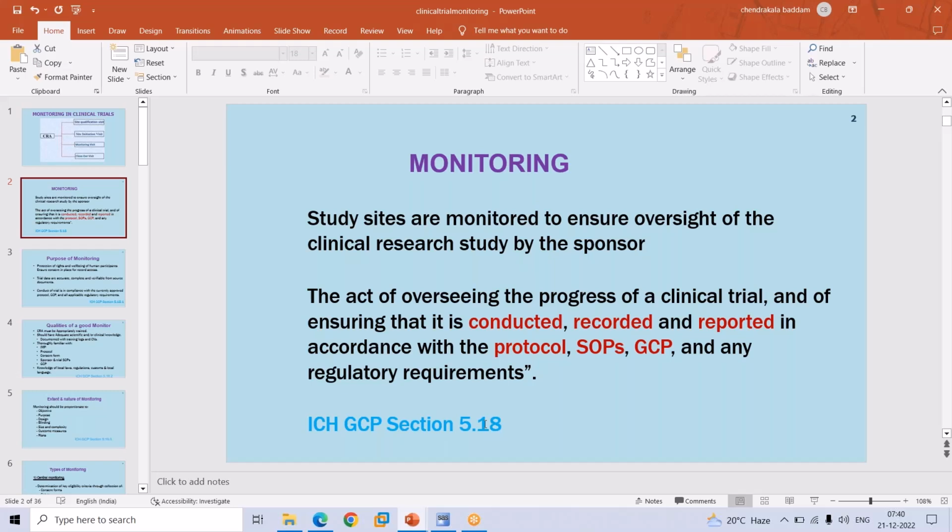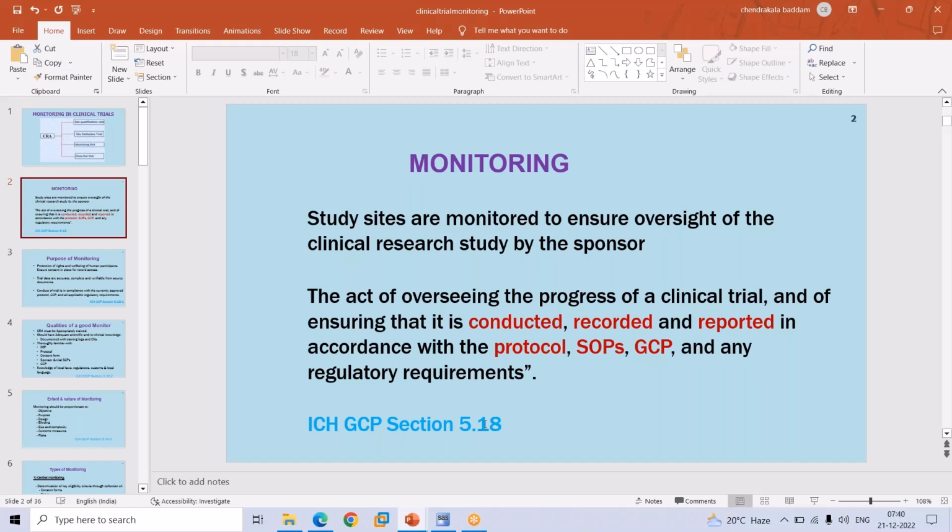GCP is good clinical practice. What is ICH? International Council for Harmonisation. So this is a global unified standard for conducting clinical studies.